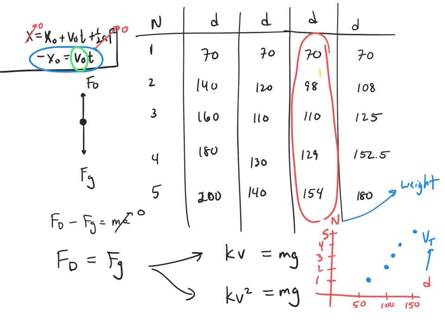So this is a delta of 30, right? Approximately? 28 to be exact, I should say. So I'll be exact, sorry. So that's an increase of 28. The next increase is what? 12, not 22. Sorry. The next one is 19, and then finally, 25. So we have 28, 12, 19, 25.